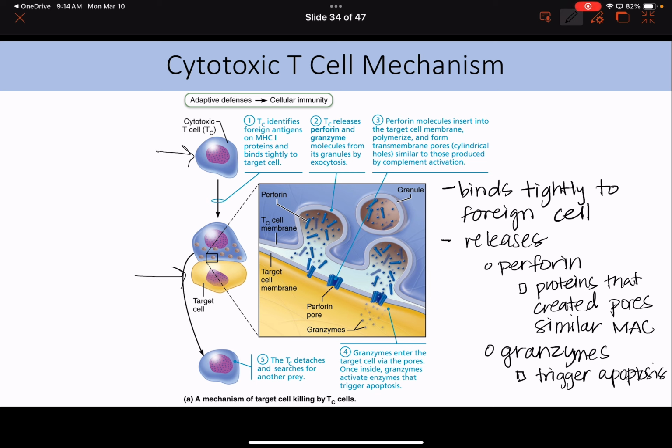So basically what happens is that the cytotoxic T cell creates these pores in the target cell, releases the enzymes so that the enzymes can go through the pore and into the target cell, and then it causes the target cell to undergo apoptosis and die from the inside. And it does it by activating certain enzymes on the inside of the target cell.